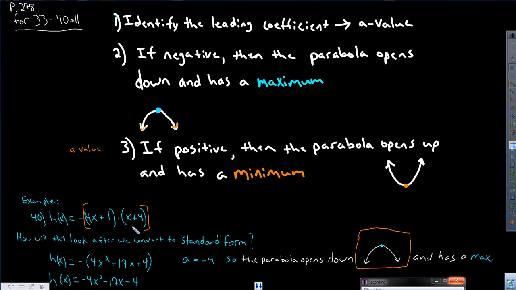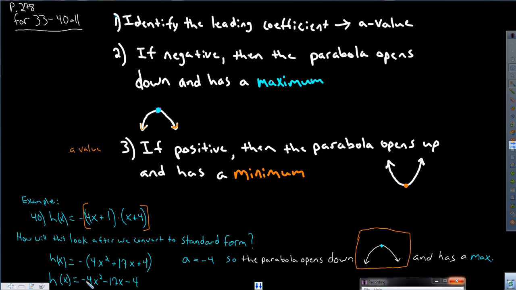I would multiply 4x times 4 to get 16x, and then add that to 1 times x, because of the like terms, to get 17x total. Then I would multiply the 1 times the 4 to get 4. So first, outer, inner, and then last, for those of you who've been away from algebra for a while. Then I'm going to distribute that negative through: negative 4x squared minus 17x minus 4.